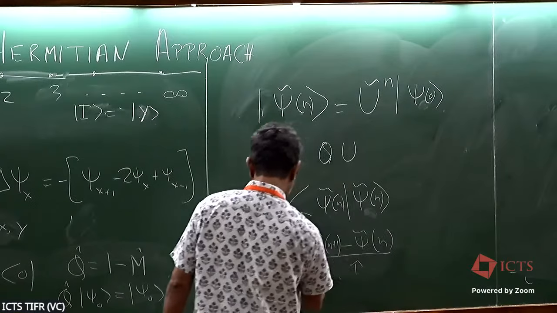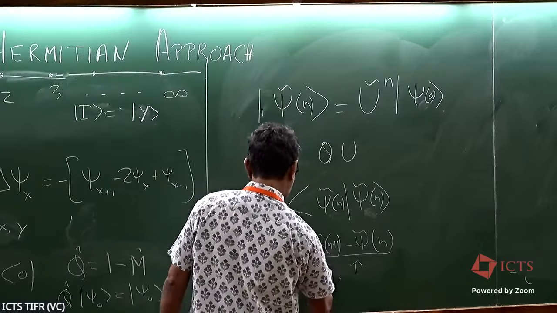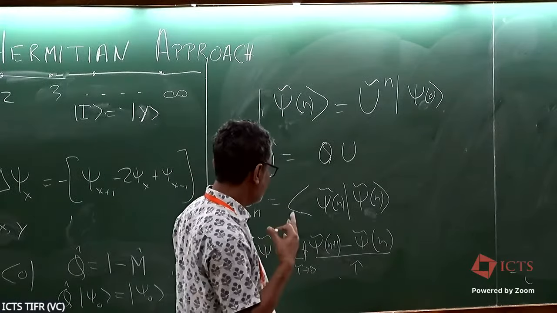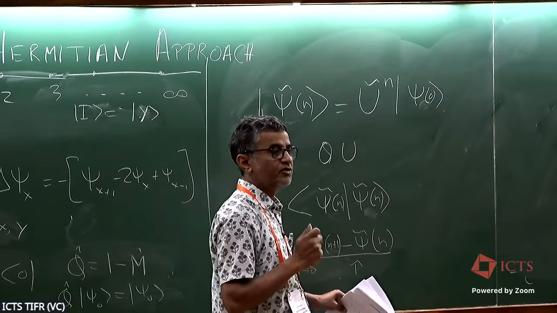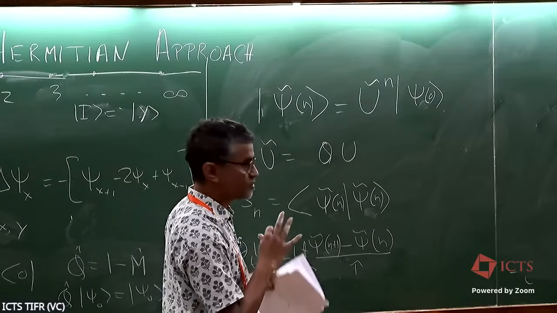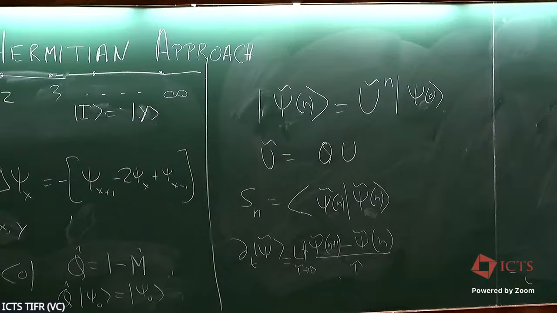So we want to do something like this. First, write the discrete dynamics, then take some continuum limit. We know there's going to be some problem because of the Zeno effect. If continuous measurement, there will be some problem. So we have to somehow see what to do with that.